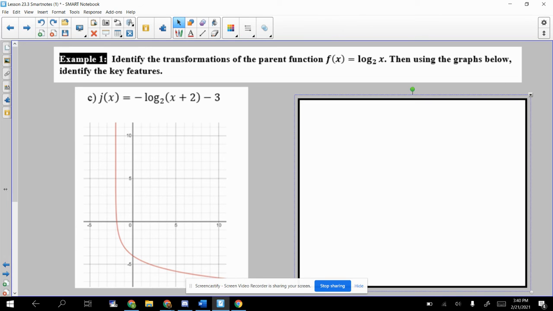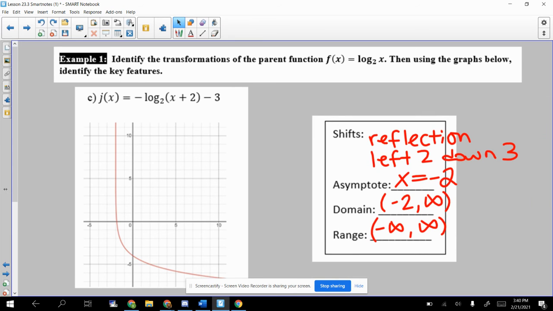All right, so hopefully you paused the video and this is what you should be looking at here. So this negative out front tells us there is a reflection. This +2 tells us it's going to move to the left 2, and this -3 tells us down 3.